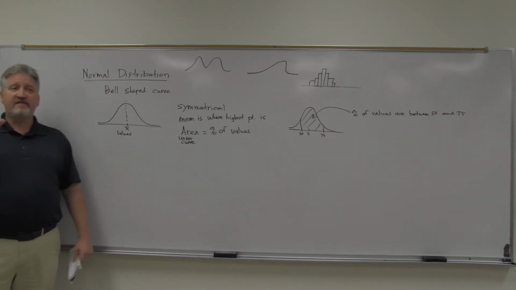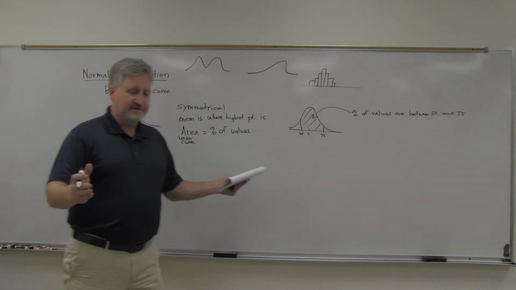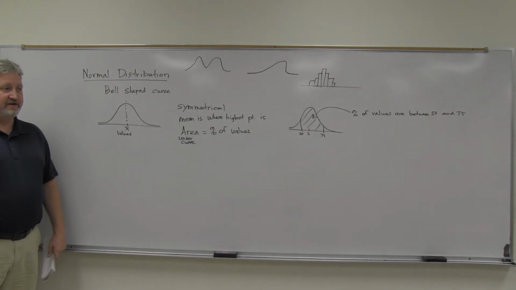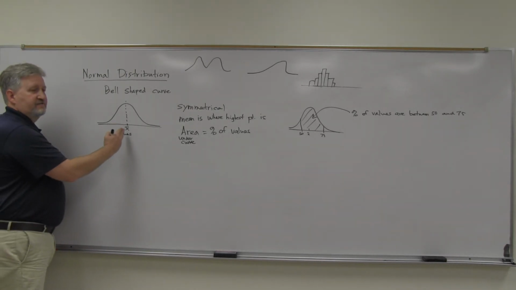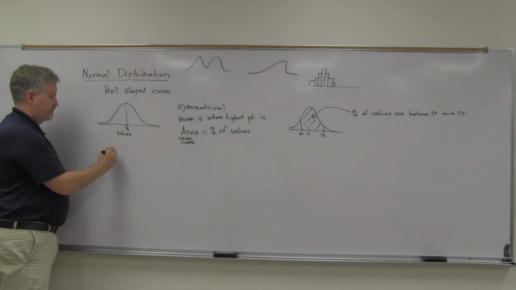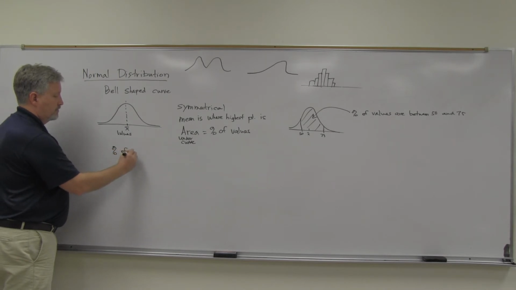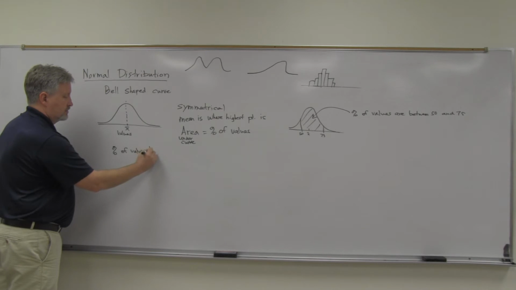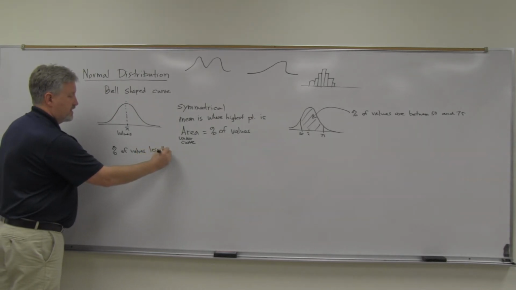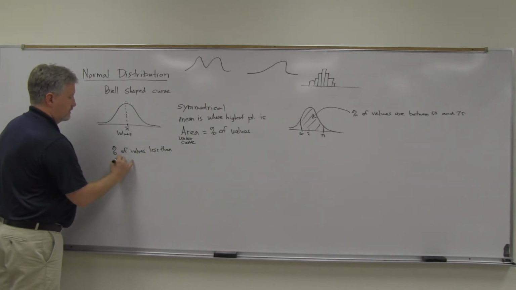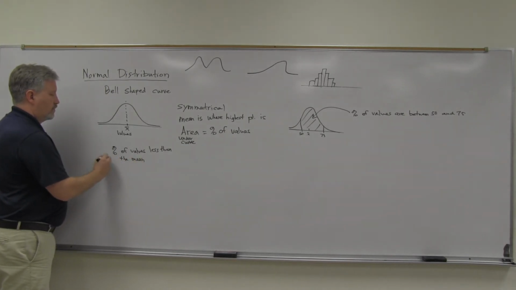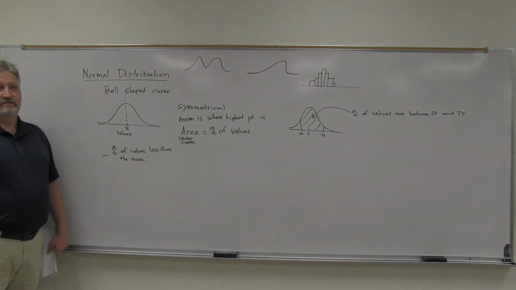All right, I say that, and we'll get to some other percentages, but one important note here is: what percentage of values are less than the mean? If it's symmetrical, and the mean's right there in the middle, what percentage of values are less than the mean?